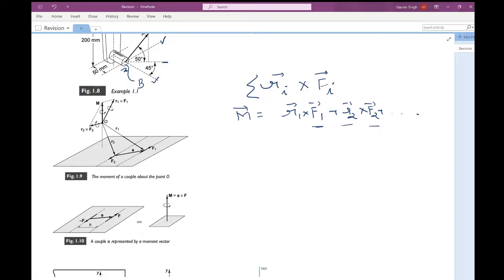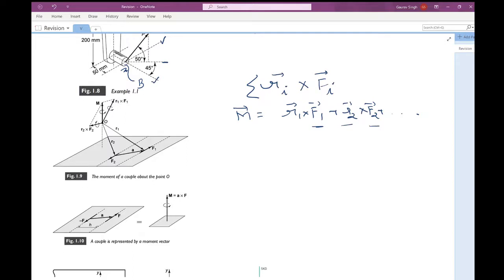There is an interesting case in which there are two equal and parallel forces F1 and F2 which have opposite sense. Look at the figure on your left, which is figure 1.9.